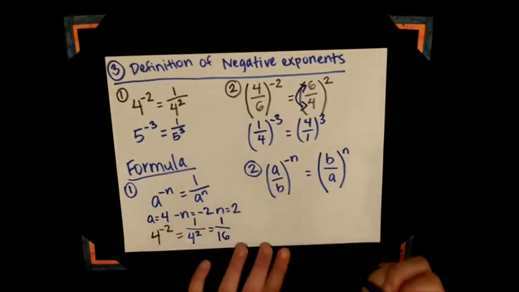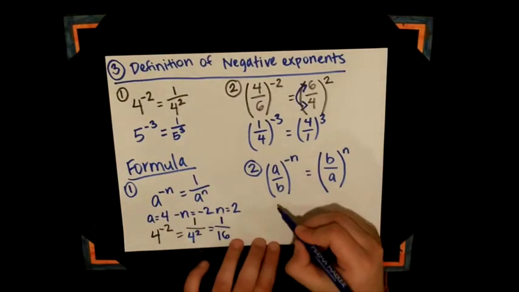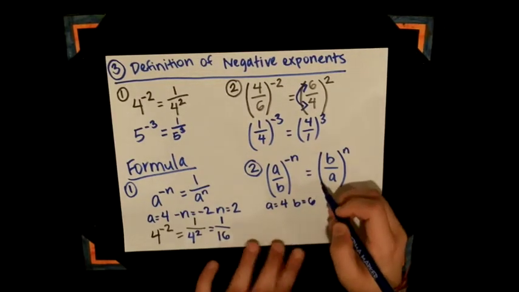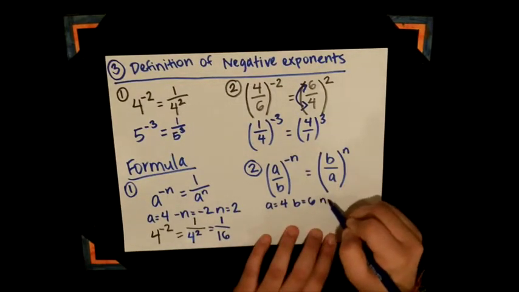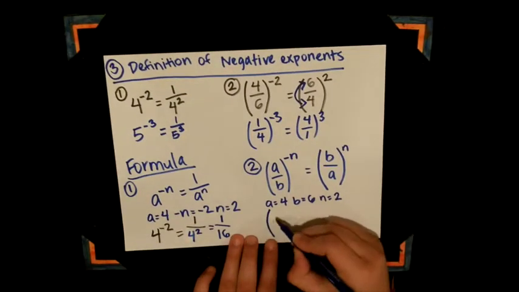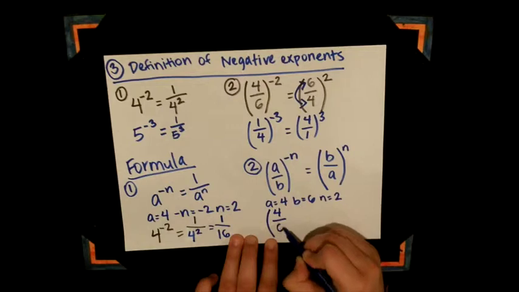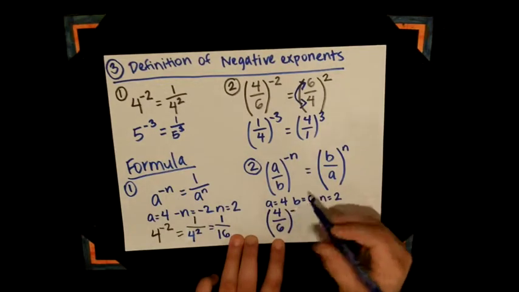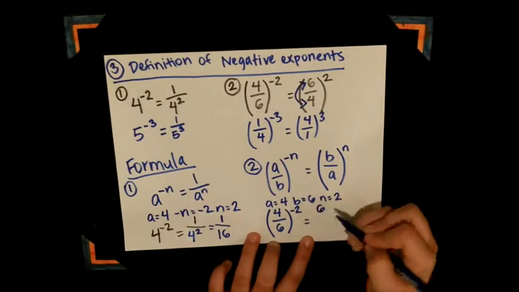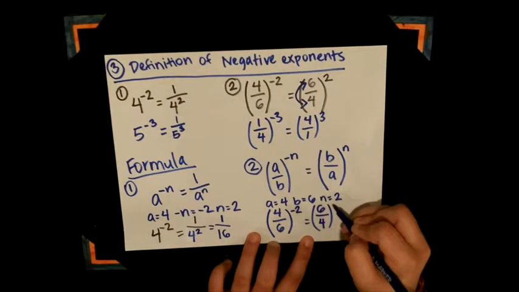Now for number 2. A equals 4, B equals 6, and N equals 2. 4 as A over 6 as B to the negative second power, which is N, equals 6 as B over 4 as A to the second power, which is N.